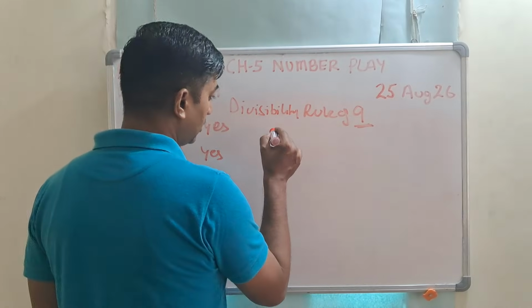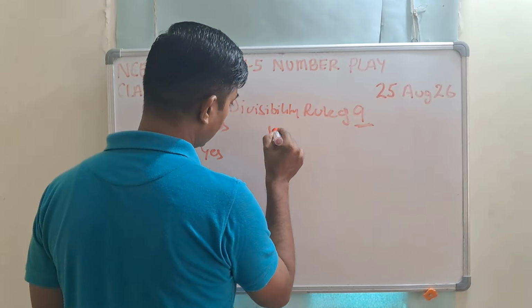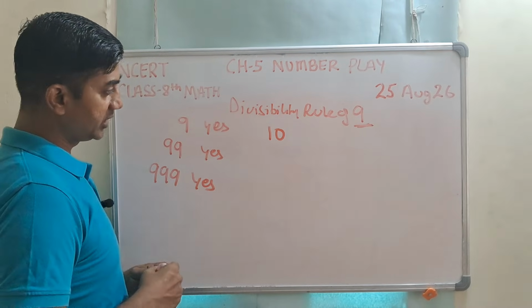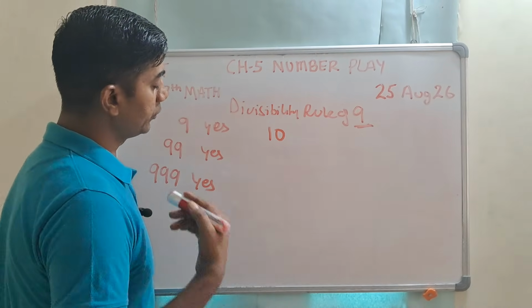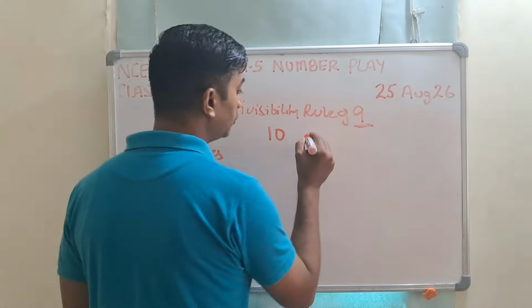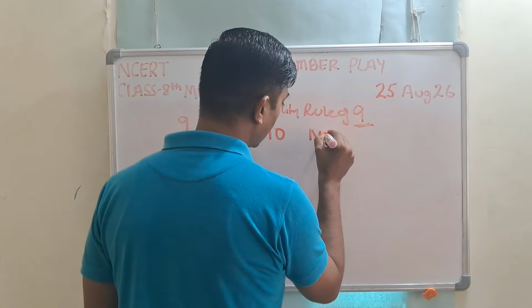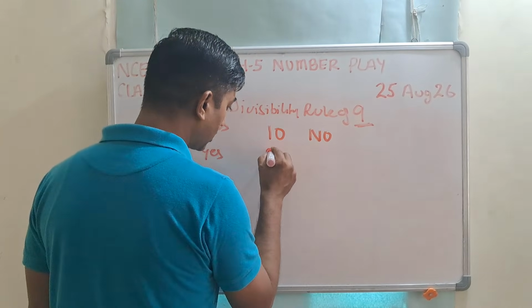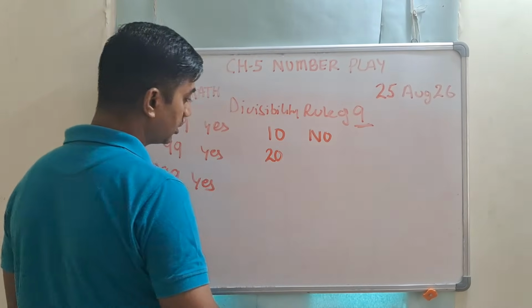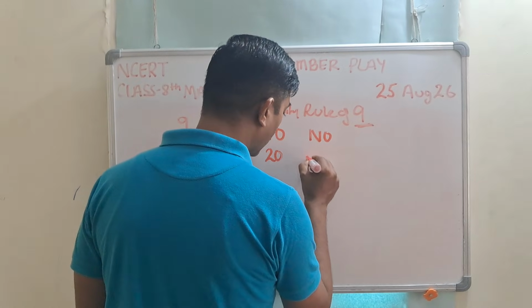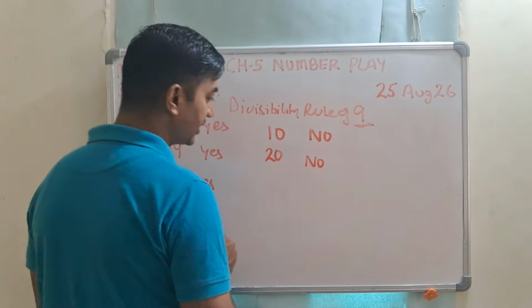So if I say 10, and I ask whether this number is divisible by 9 or not, you will say no. Understood? If I write the number 20, you will say no. How are you saying no?